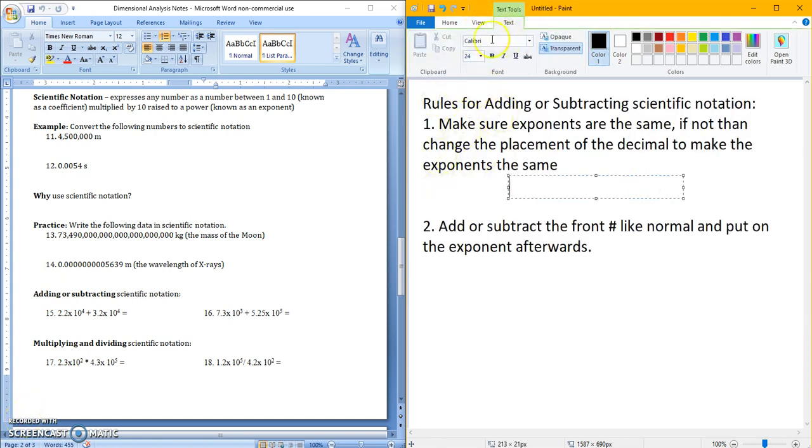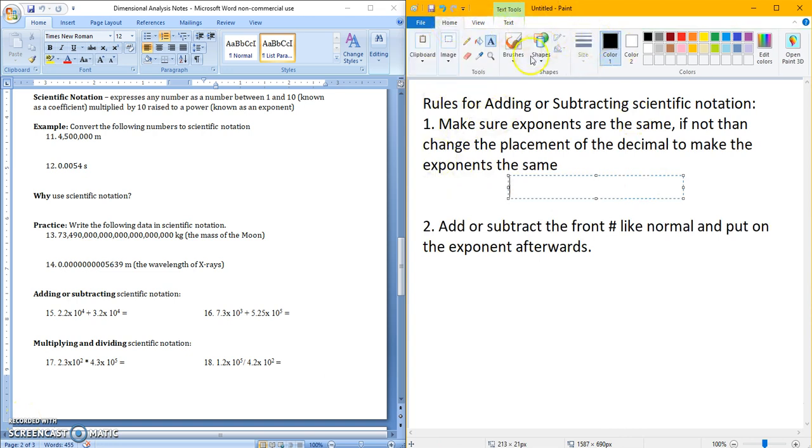Okay, so when adding or subtracting, it's really quite simple. Make sure the exponents are the same. If not, make them the same by changing the decimal. And then add or subtract the front numbers like you usually would, and put on the exponents afterwards. So let's give it a shot. In number 15, it says 2.2 times 10 to the 4th plus 3.2 times 10 to the 4th.